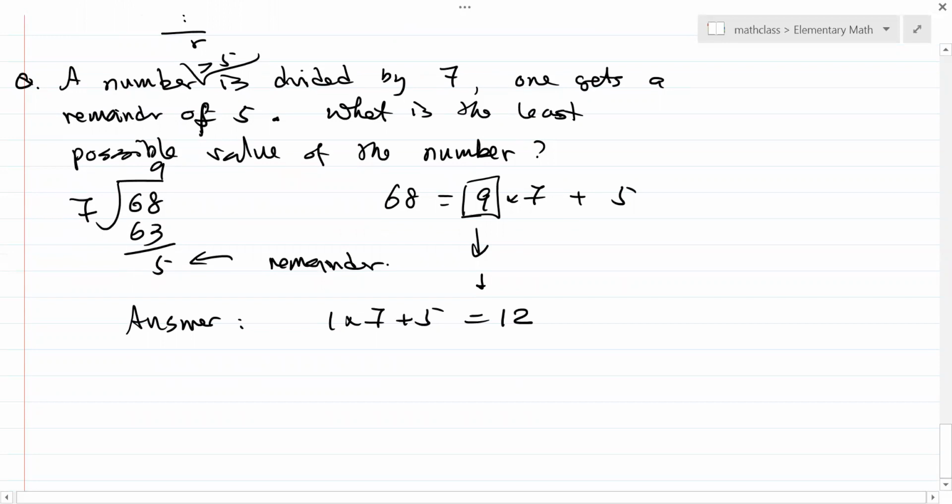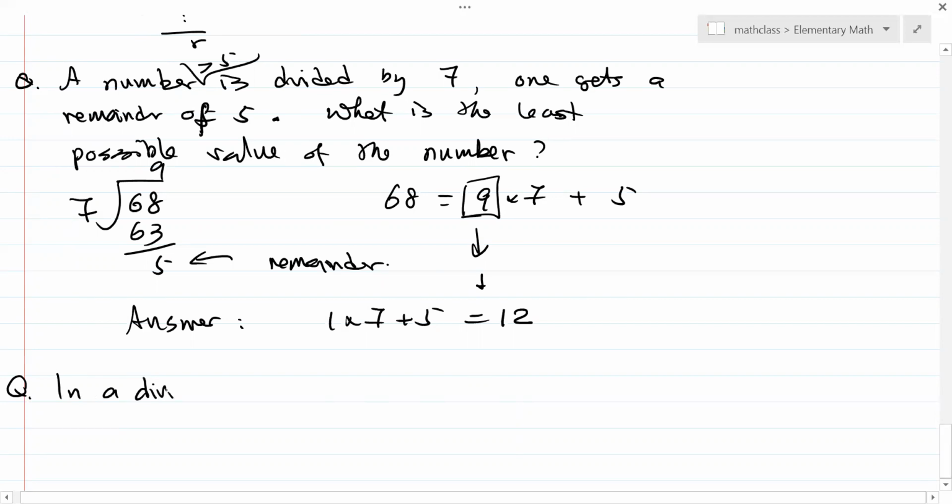All right, so now we are going to look at a more challenging problem in division.